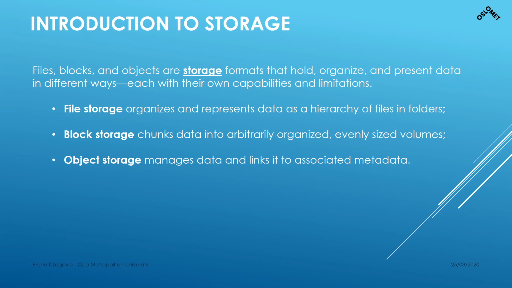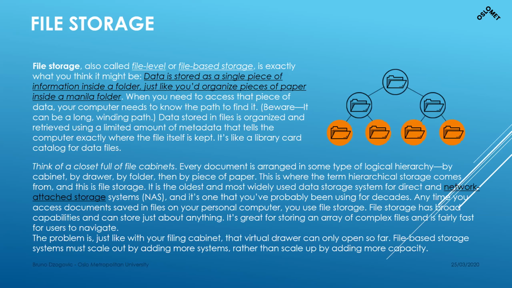We will see that. File storage is, as you know, a classical way of managing things. This is something that works for everyone on a daily basis mostly. So it's nothing particular.